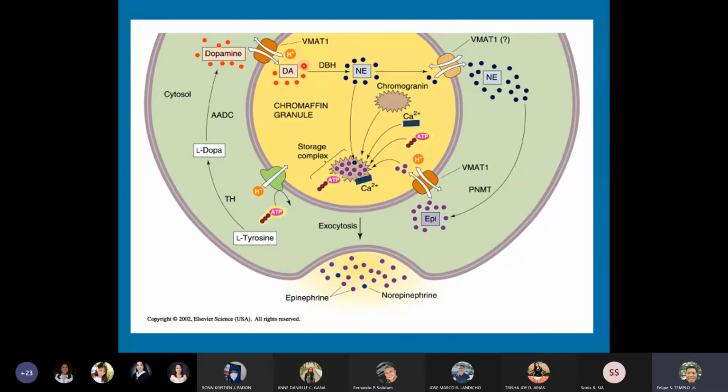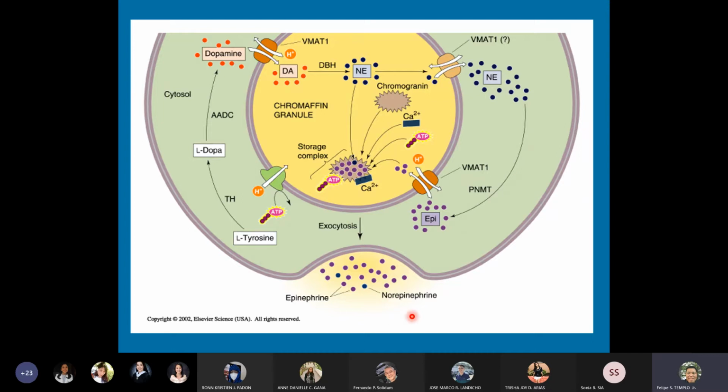The dopamine will be converted into norepinephrine by this enzyme, and the norepinephrine will be released outside the granules, to be converted into epinephrine by your PNMT. So tyrosine hydroxylase is the rate limiting step, but PNMT is the one that will convert your norepinephrine to epinephrine. So it will be released.